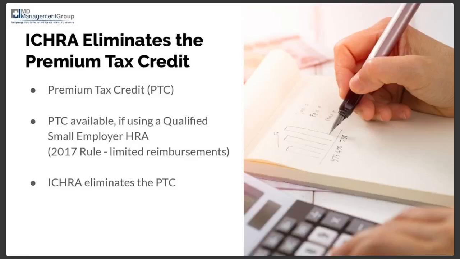They have to choose, or they can say, no, I don't want to participate in the ICHRA. I'm going to take the premium tax credit. And then each employee's decision will depend on how much the employer is giving in the ICHRA. So it really comes down to, are they getting a better benefit from the premium tax credit, or are they getting a better benefit from you, the employer?